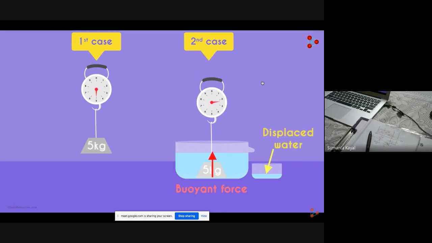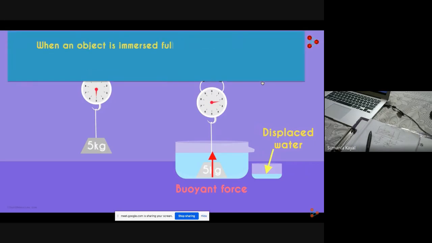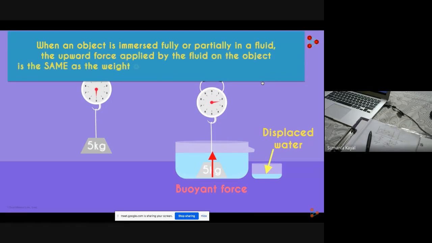This is the displaced water you see on the right hand side. The weight of this displaced water will be the force applied to this object. This is what Archimedes law or Archimedes principle is all about.